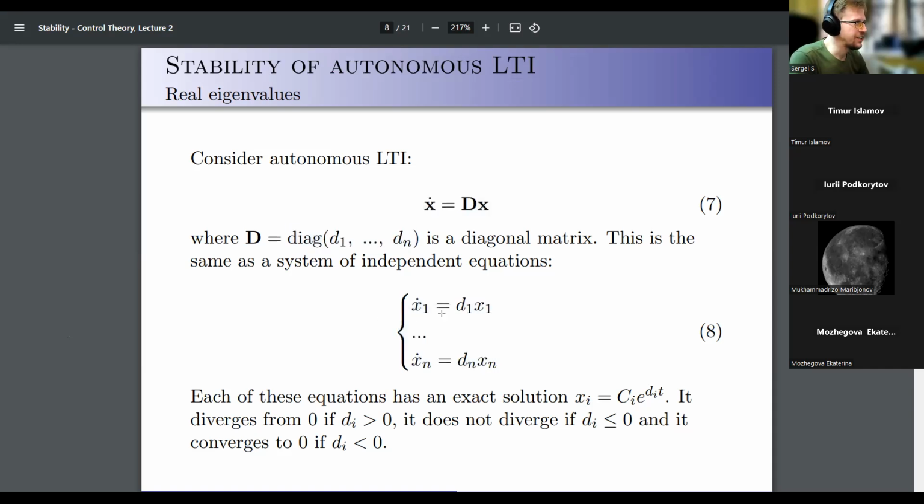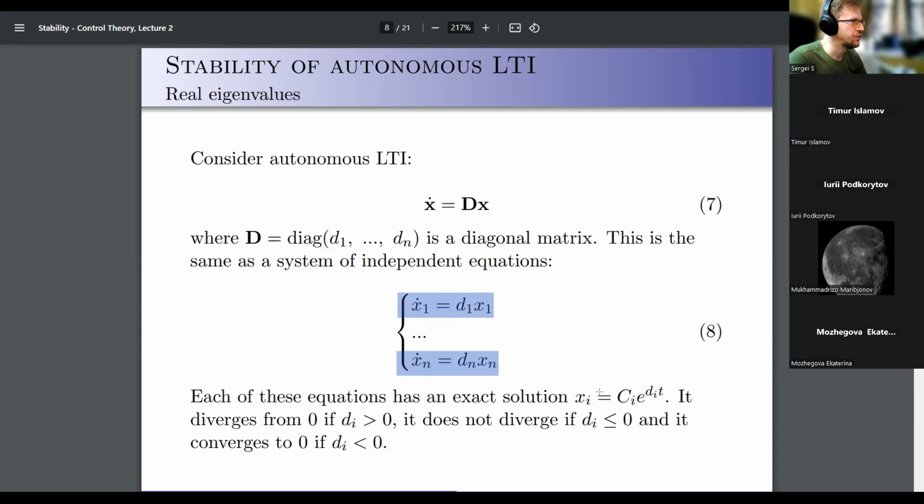What is interesting about this equation is that it is a system of equations which are independent of each other. So we don't have to solve them simultaneously, we can solve them individually. And each of those equations has an exact solution.